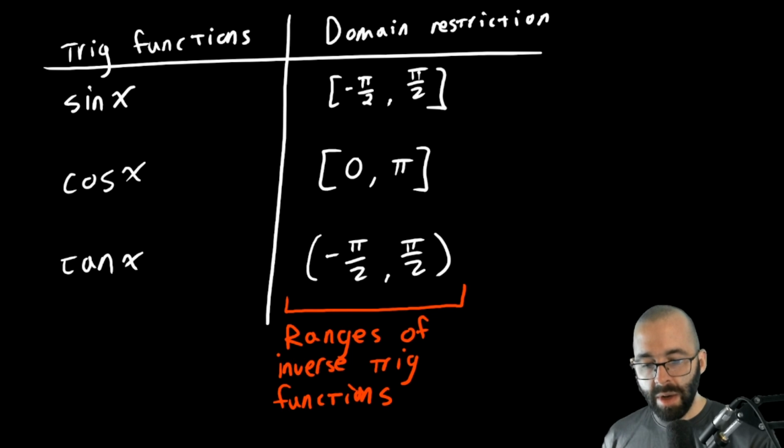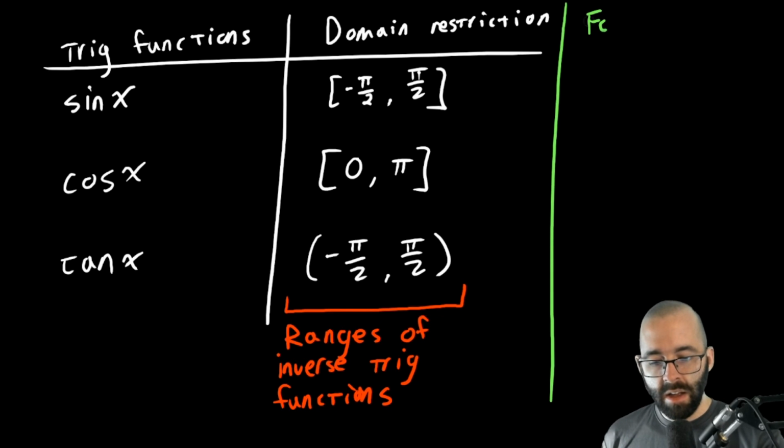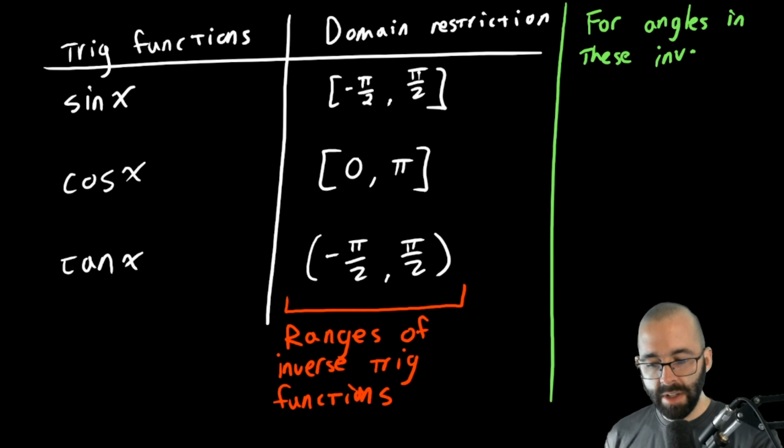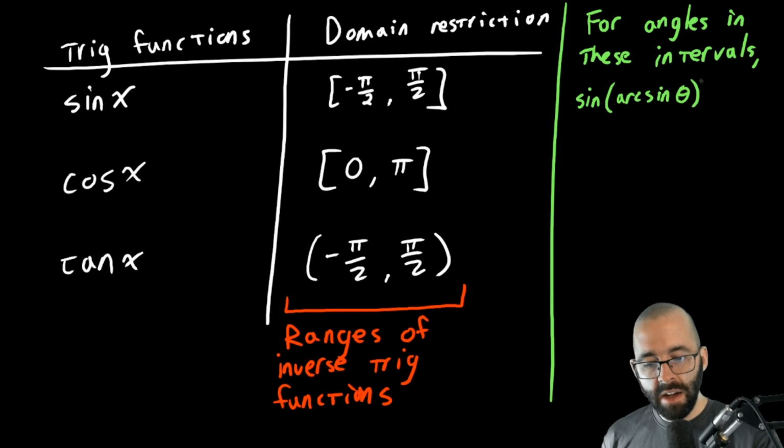As long as we're in this interval, for angles in these intervals, the sine of arc sine of theta cancels out completely.